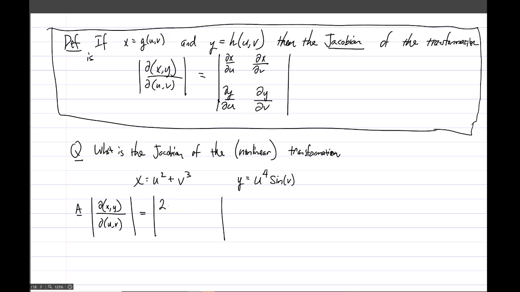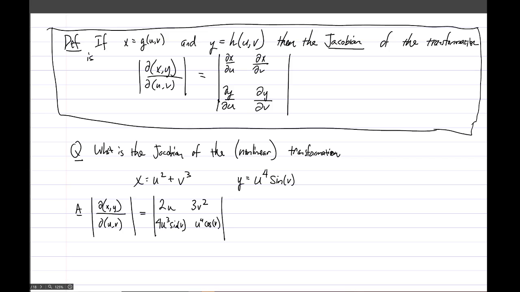So 2u and then 3v squared, and then take the y formula, differentiate with respect to u, and differentiate with respect to v. So with respect to u, 4u to the 3rd sine of v, and then taking that same thing and differentiating with respect to v instead. So u to the 4th cosine of v, yeah?